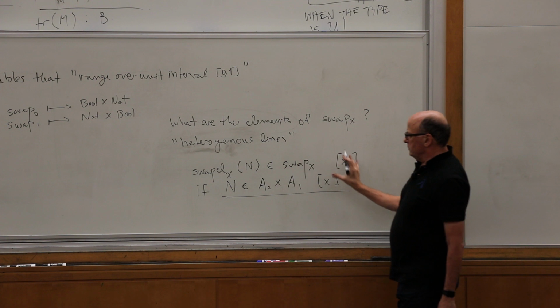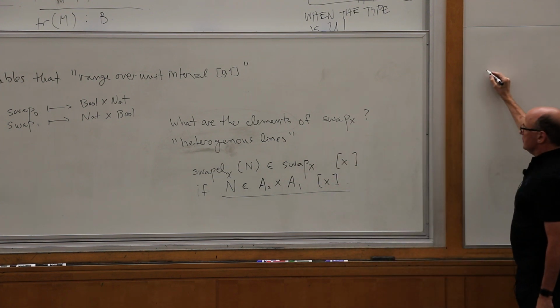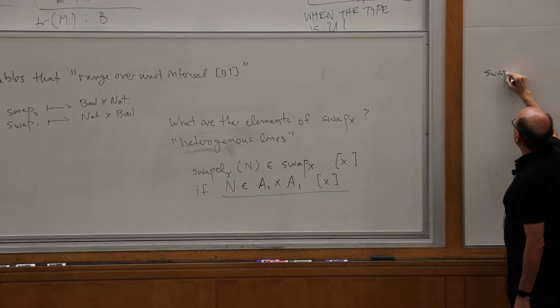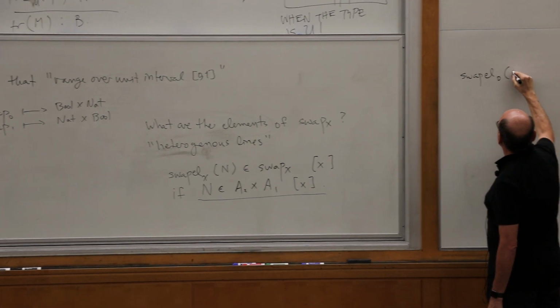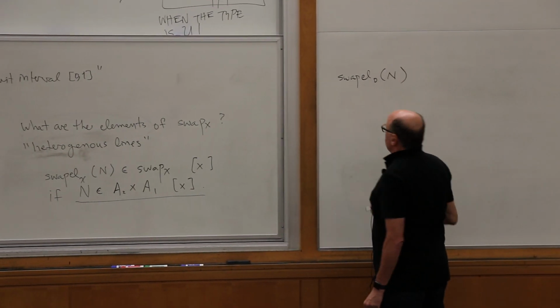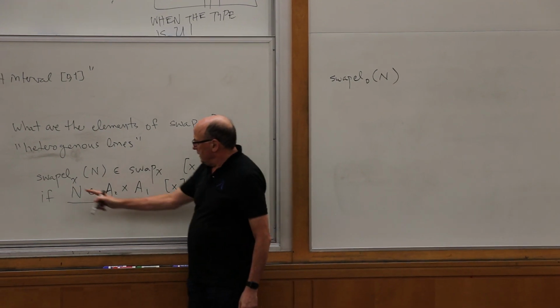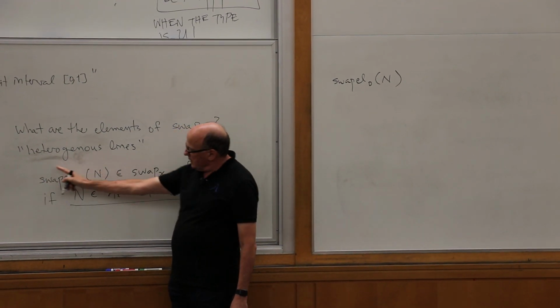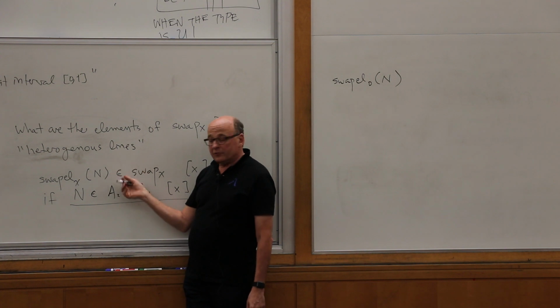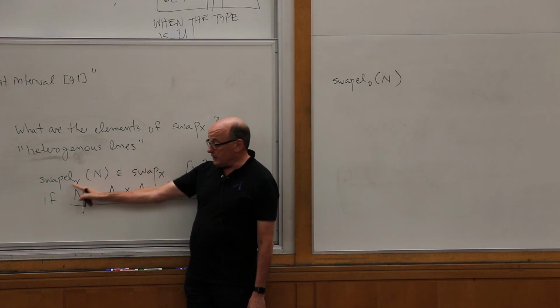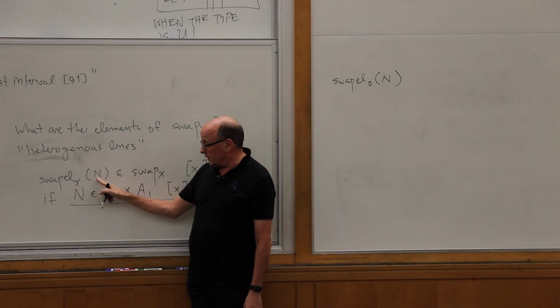So the critical thing is that if I look at swap L0 of n, okay, so here's the thing. There's certain things I have to gloss over. If I take swap L of X of n and I plug in 0 for X, I not only put a 0 here, but I also put a 0 here. Like I substitute this.